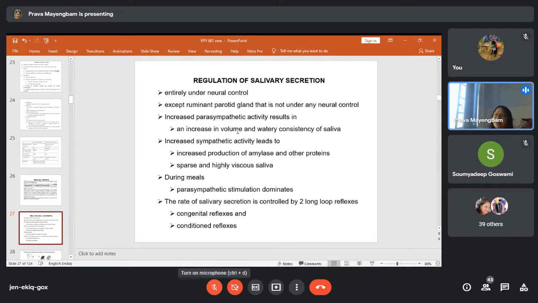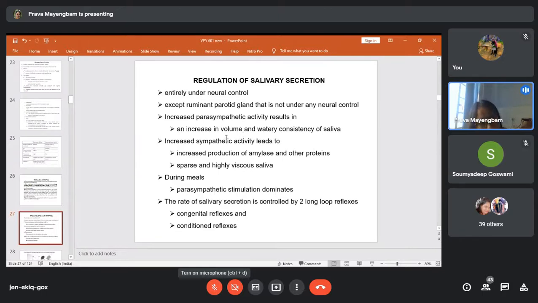Think like this. That's why the parasympathetic nervous system is given the term that its purpose is rest and digest. So whenever there is stimulation of parasympathetic nervous activity, there will be an increase in the volume.